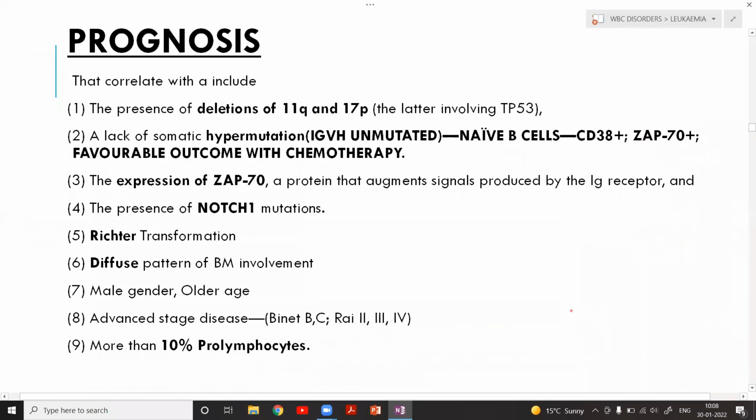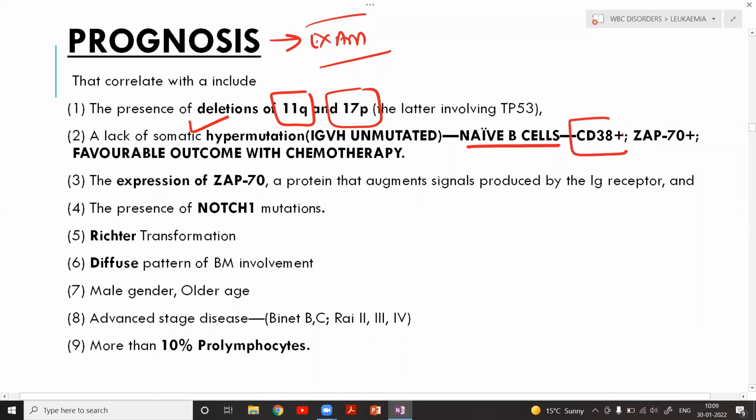Now, the prognosis, a very important exam question. As a part of your problem card, this will be asked in your exam also. What are the prognostic factors? Remember, the presence of deletions 11q and 17p, a lack of somatic hypermutation, that is tumors arising from naive B cell, and also the presence of CD38 positivity and ZAP70 positivity.